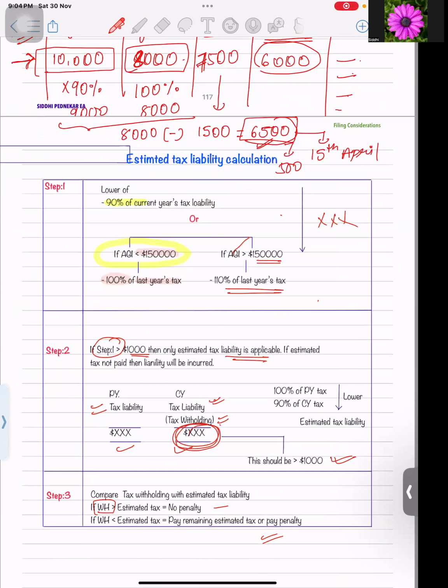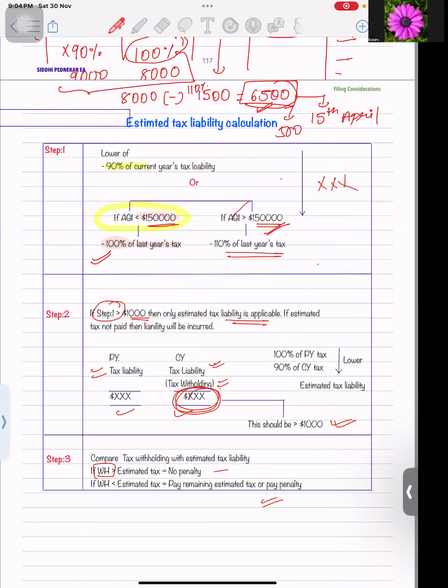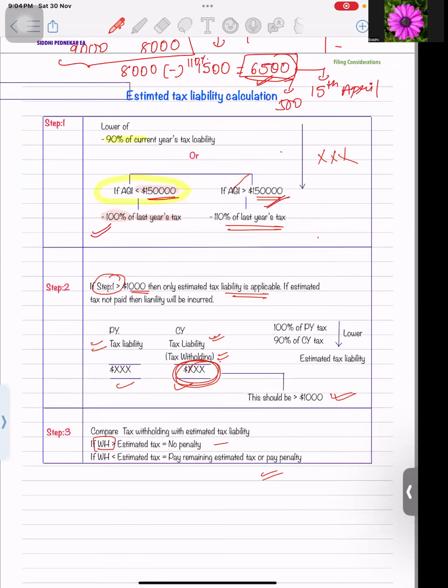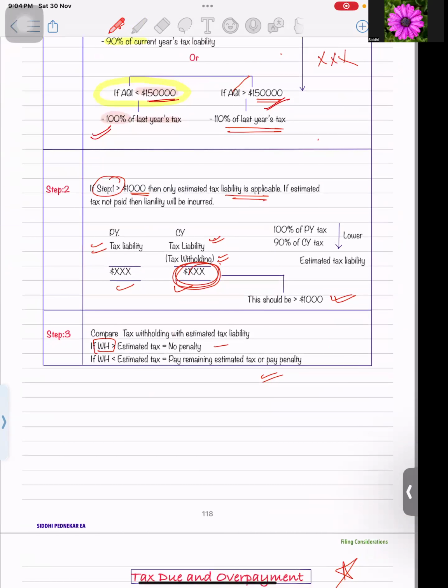If your AGI is within 150,000, then you have to take 100% of previous tax liability. But if it's more than 150,000, then instead of 100, you have to take 110%. Clear? And then you have to take the whichever is lower part, and then check how much withholding you have done. If the withholding is enough, then no need to pay any extra estimated taxes.